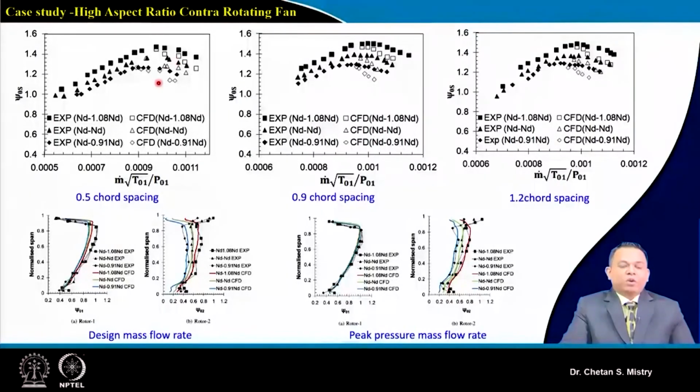And here if we look at these filled points, they are representing the experimental results for different spacing between both the rotors. Now at the preliminary design stage, this spacing will not come into the picture.